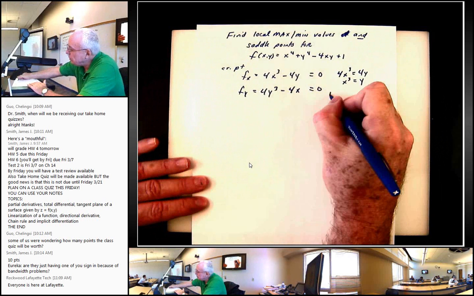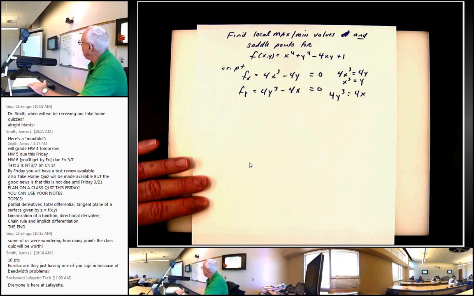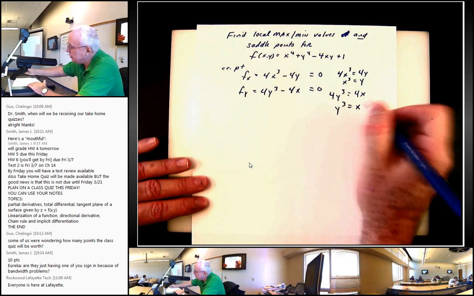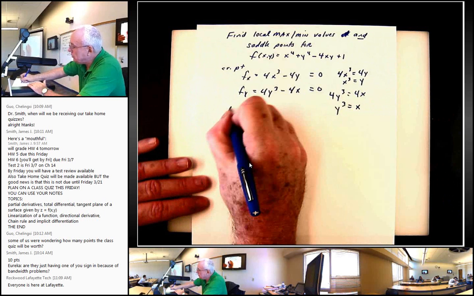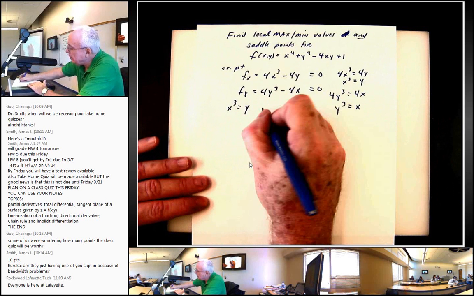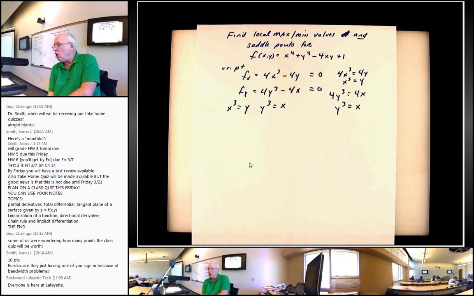For the other one, if I add, I get 4y to the third is equal to 4x, and dividing by 4, y to the third is equal to x. So these are the constraints that have to be satisfied here.